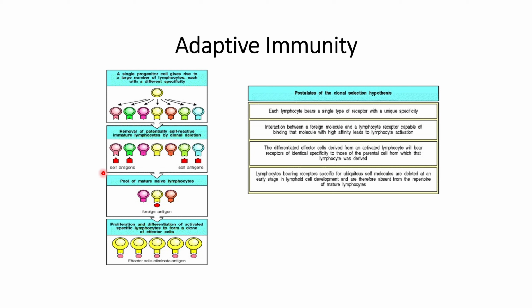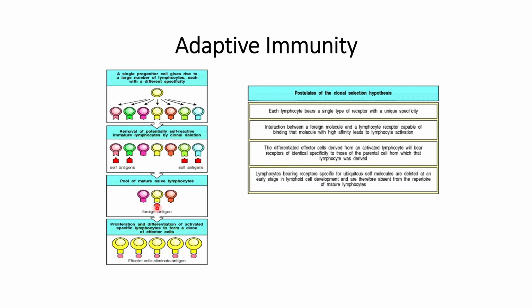In order to avoid this, those self-antigen lymphocytes get deleted through the clonal deletion process, and only the pool of mature naive lymphocytes goes forward and can look around for any foreign antigen that matches their receptors.